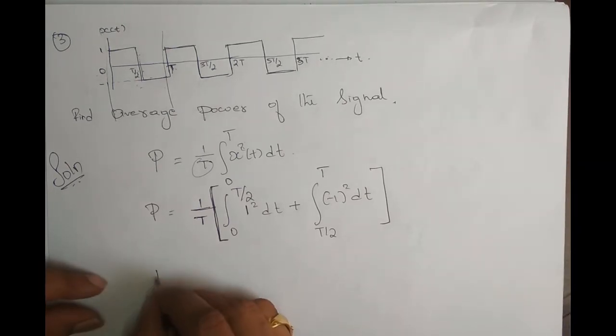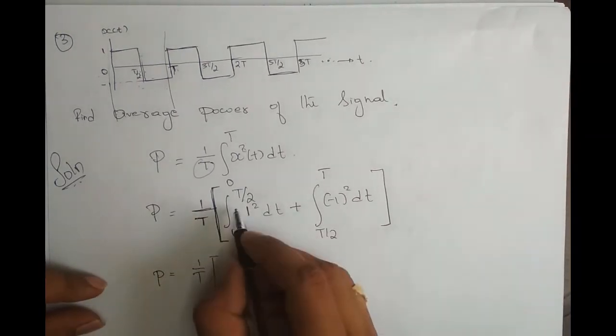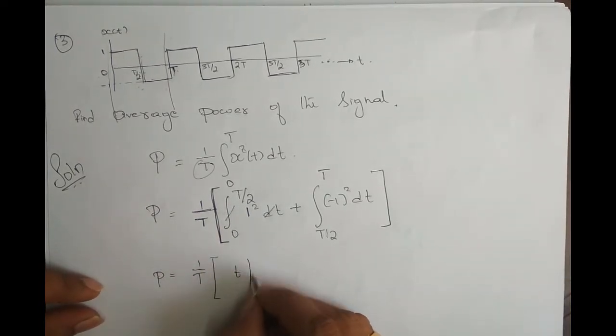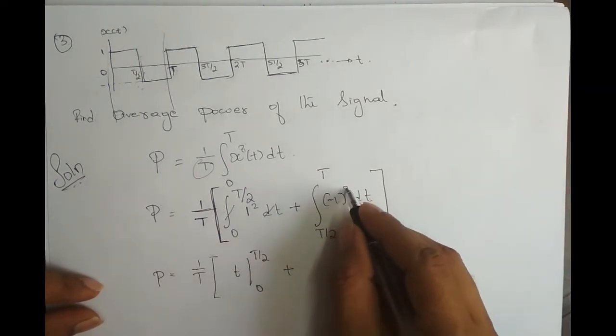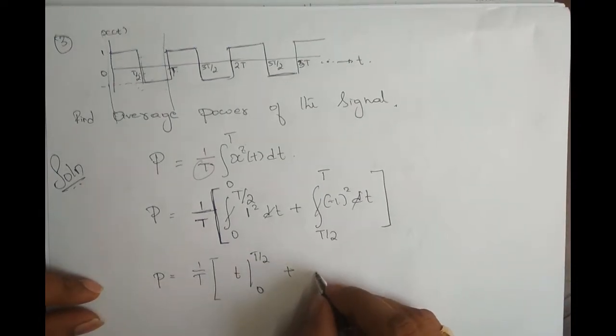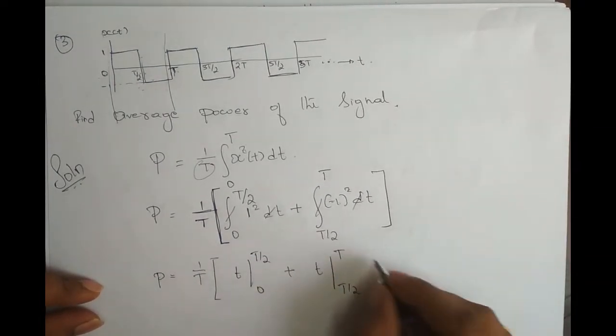So P is equal to 1 by T. Here 1 square is 1, integration and differentiation cancel out, and I end up with t with the upper and lower limits, plus here minus 1 square is 1, so I end up with t with the limit T by 2 to T.